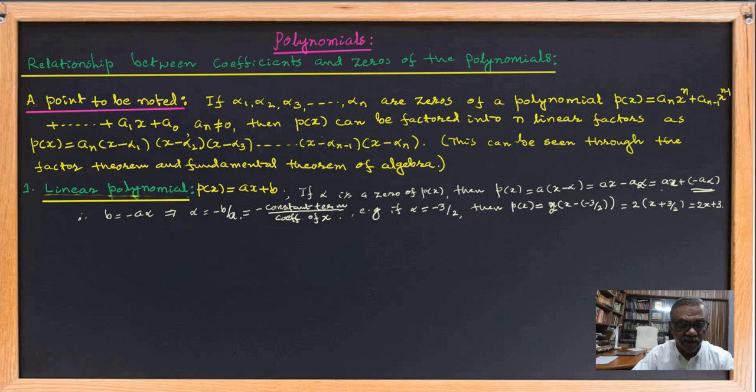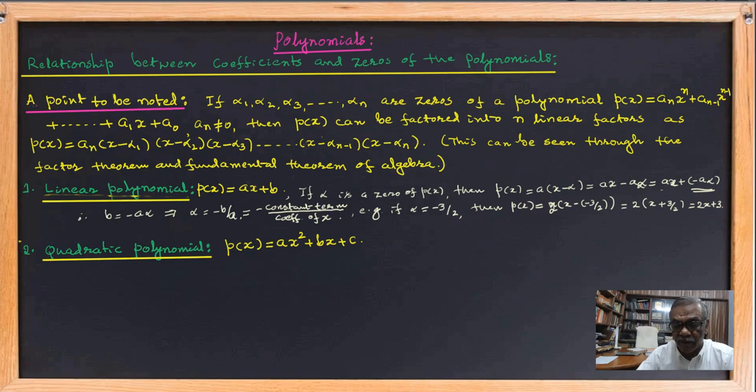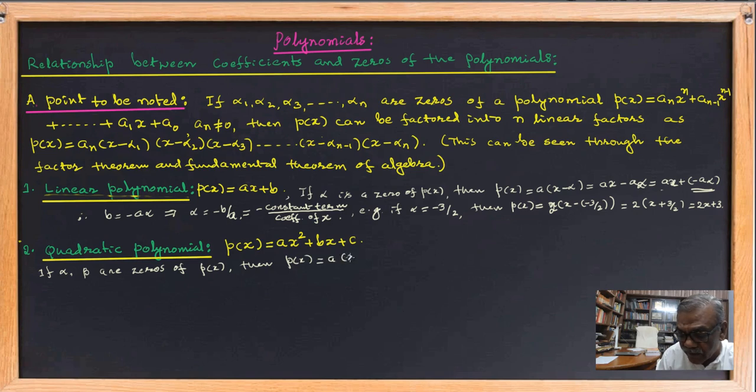Now we can consider a quadratic polynomial, p(x) = ax^2 + bx + c. As in the earlier case, if alpha and beta are zeros of p(x), then p(x) can be written as a(x - alpha)(x - beta).